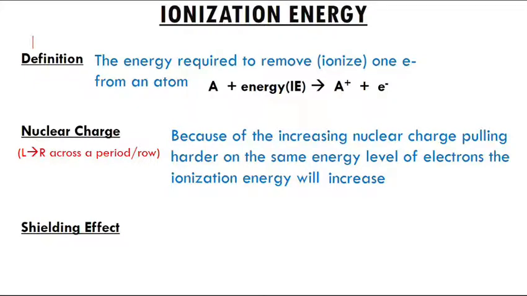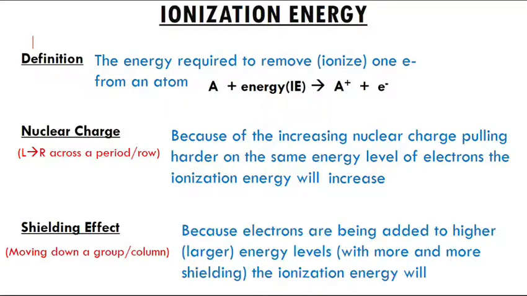As we go down the periodic table, when we have that shielding effect happen, moving down a group or column, we're adding higher and higher energy level electrons that are farther and farther away from the nucleus, so they don't feel as much of that charge. They're more shielded from that nuclear charge, which means they're not held as tightly, and that ionization energy is going to decrease as we move down a group or column.